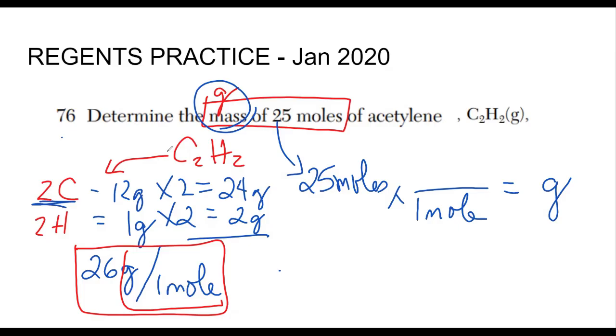The reason I'm going to put that one on the bottom is because I want moles to cancel, because the unit I am looking for is grams. And I'm going to go ahead and put 26 grams on the top because that is the top part of this conversion factor. That will give me 25 times 26, and that will give me the answer. That must be a big number. 25 times 26 is big.